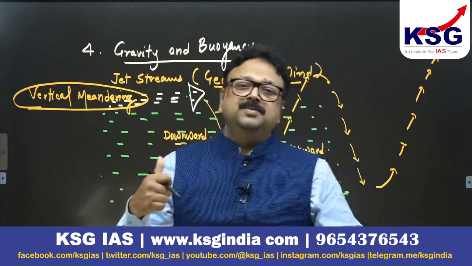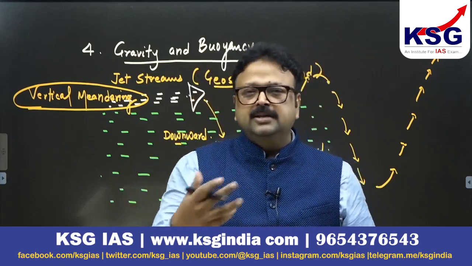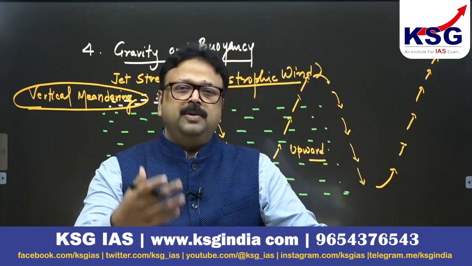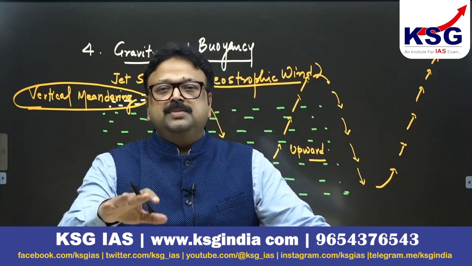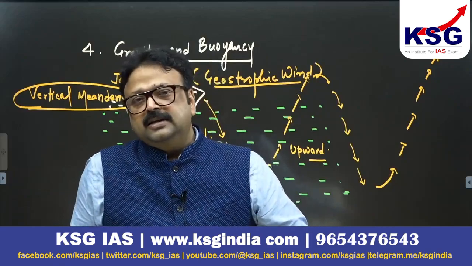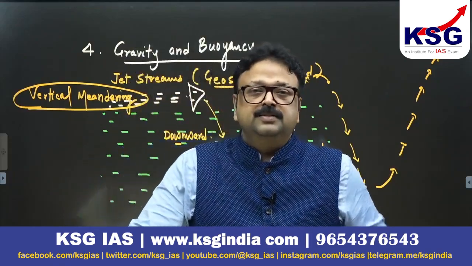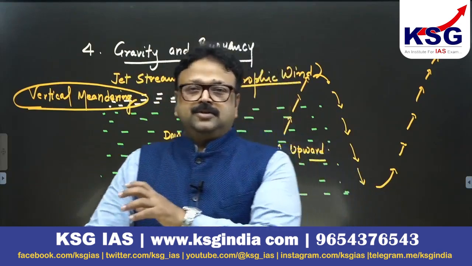And these jet streams, as well as their meandering, are going to become stronger and stronger because of the global warming phenomenon that is going on. So up to this much understanding you must have in your general studies as well as in your optional subject, so that you can relate weather phenomena with the jet stream.